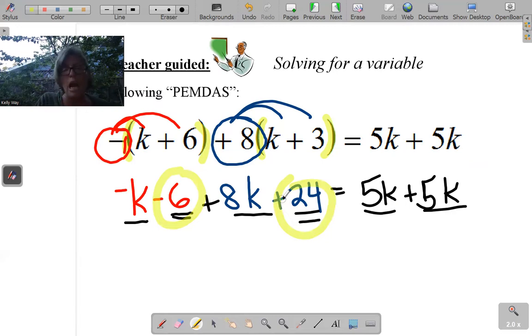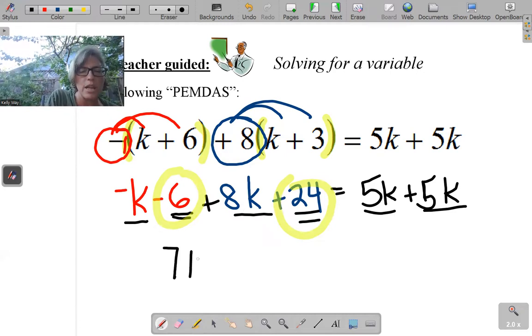Just be consistent. I tend to single underline the variables, double underline the numbers. Now we physically collect. -1 + 8, 7K. -6 + 24, +18 equals 10K.